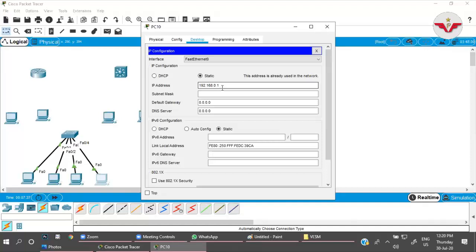Suppose we try to give the same IP. We already used 0.1 on the first PC, 0.2 on the second PC, 0.3 on the third PC. If you try to give the same IP here, 1, 2 or 3, let us check what error message you get. This address is already used in the network, right?